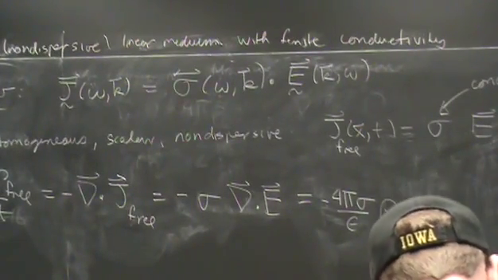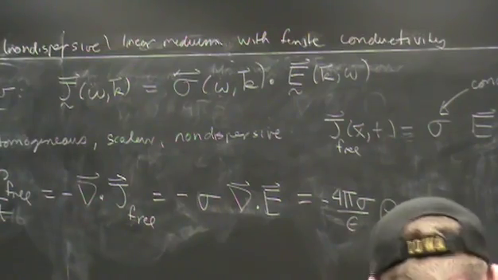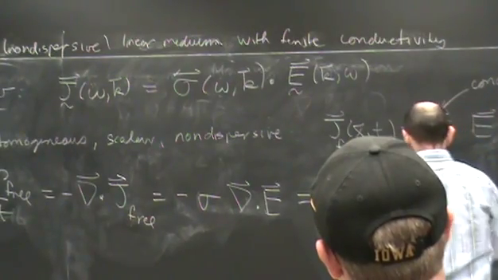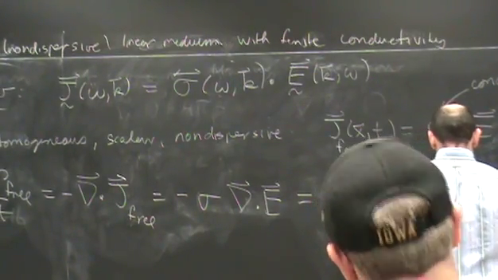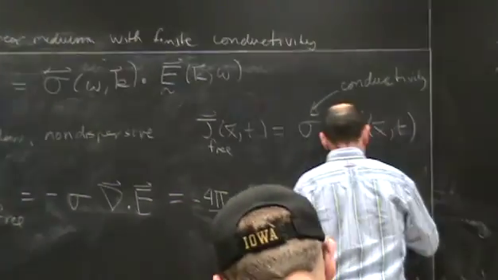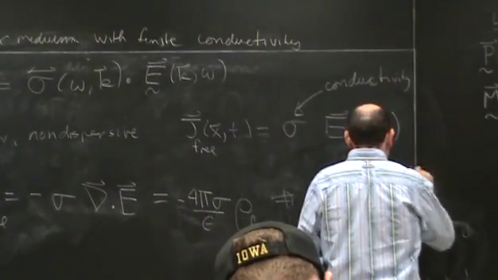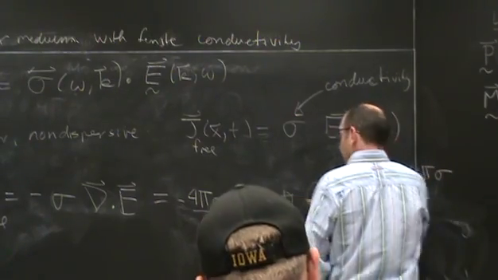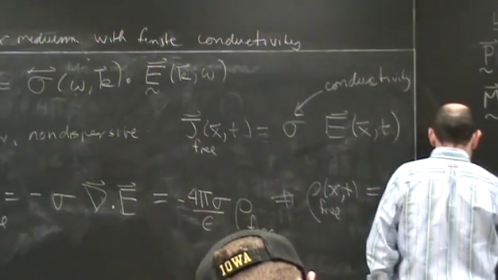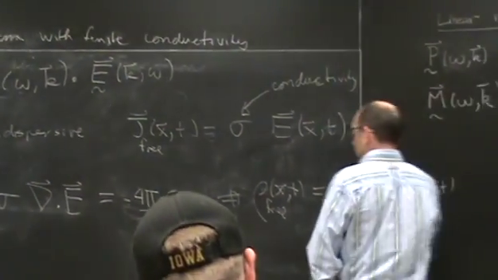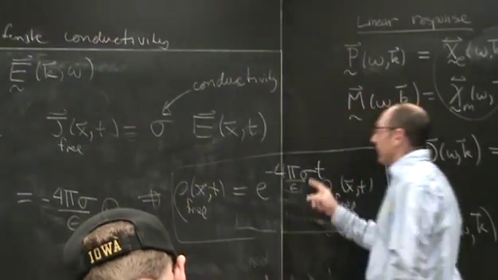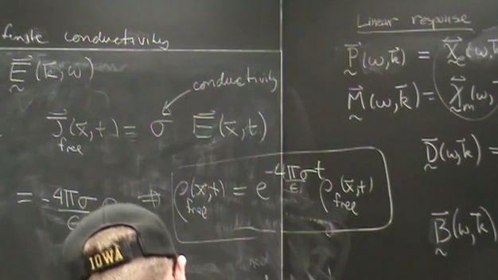So what we have then is a simple differential equation which says that inside this conductor, the free space charge decays, assuming these are all positive numbers, exponentially, with a time scale that depends on sigma over epsilon.